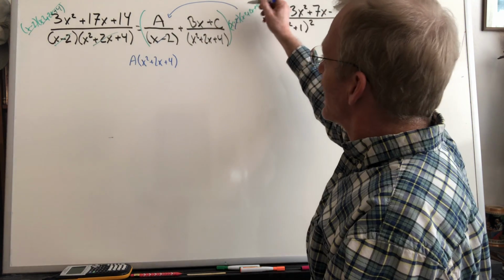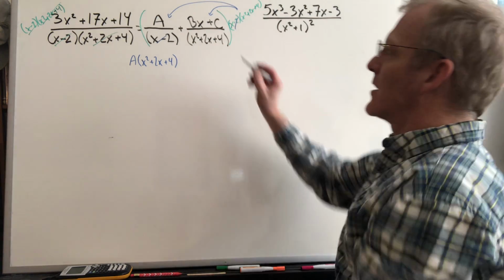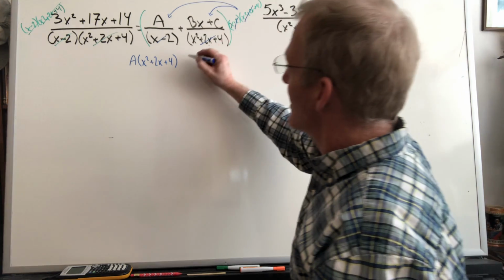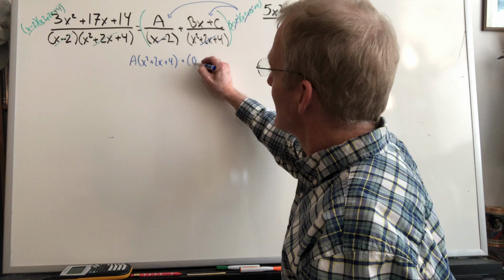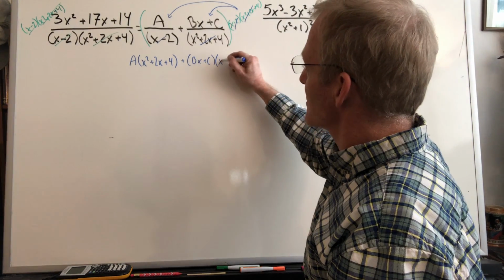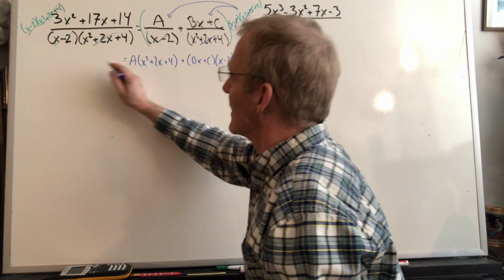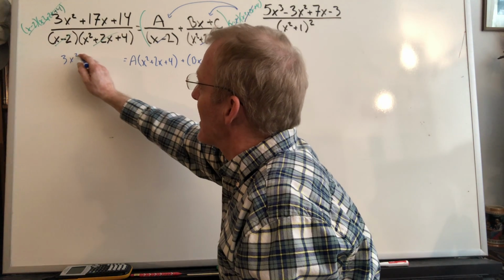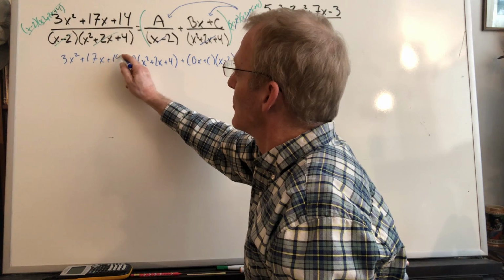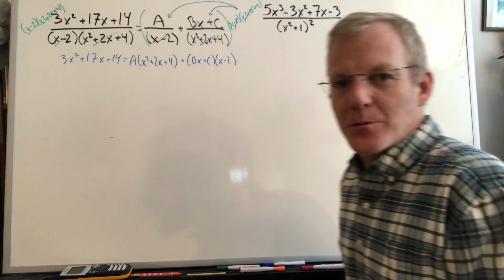When we distribute this into the Bx plus C, notice the x squared plus 2x plus 4 cancels, and we'd be left with the x minus 2. So we're going to put plus Bx plus C times the x minus 2. Now, of course, that's all still equal to this over here, 3x squared plus 17x plus 14.